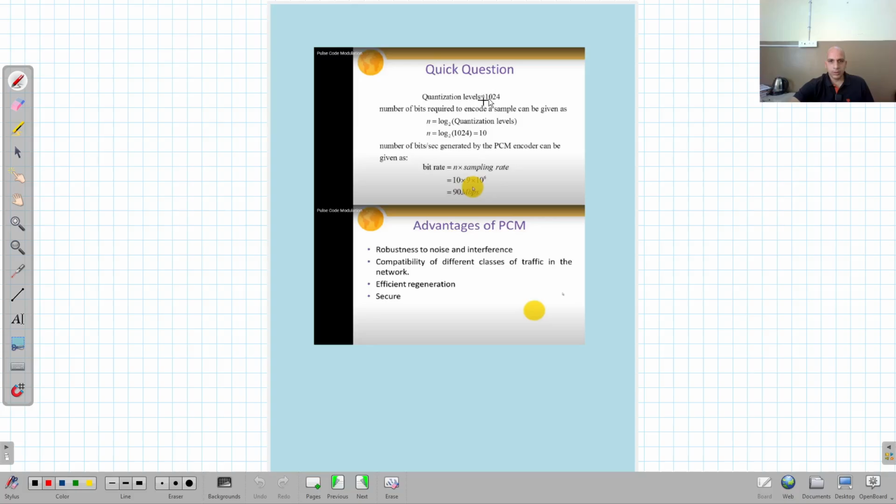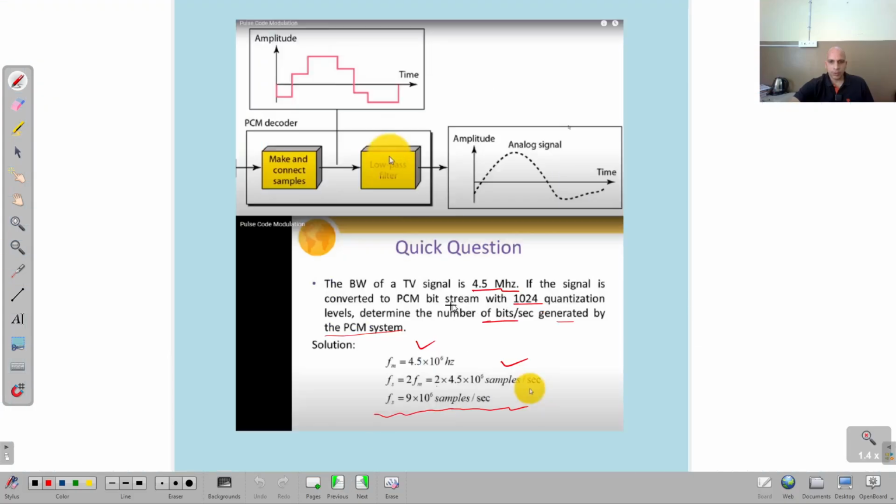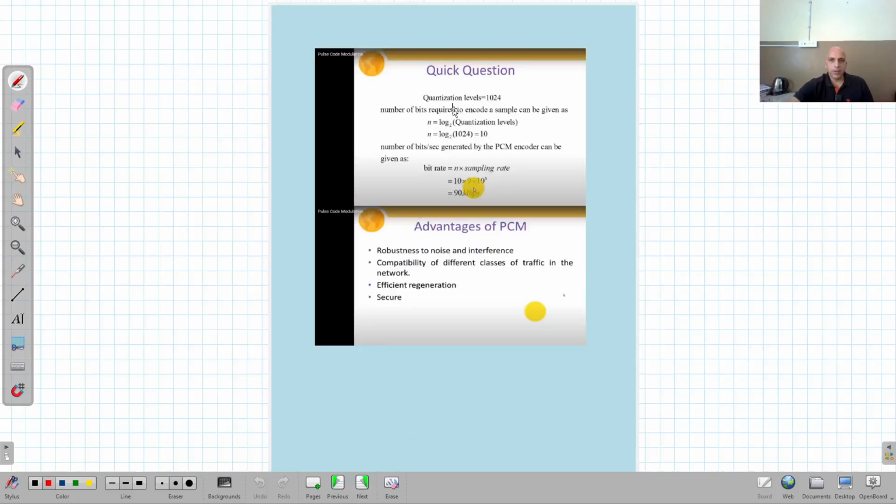Now you can see here that they have also given that the quantization level is 1024. So the number of bits required to encode a sample can be calculated as 10. Quantization level 1024 means we can calculate the number of bits required for this as this.